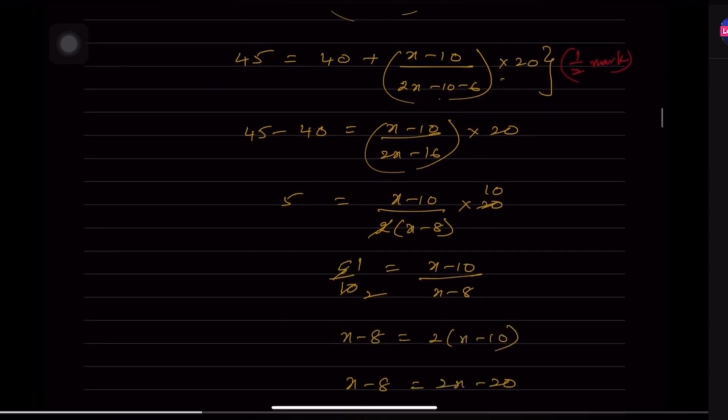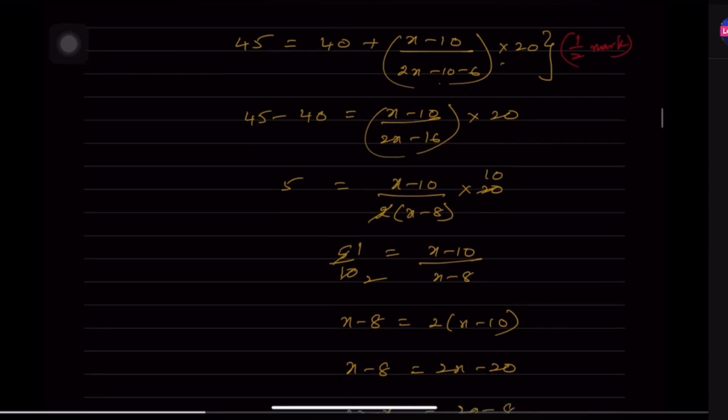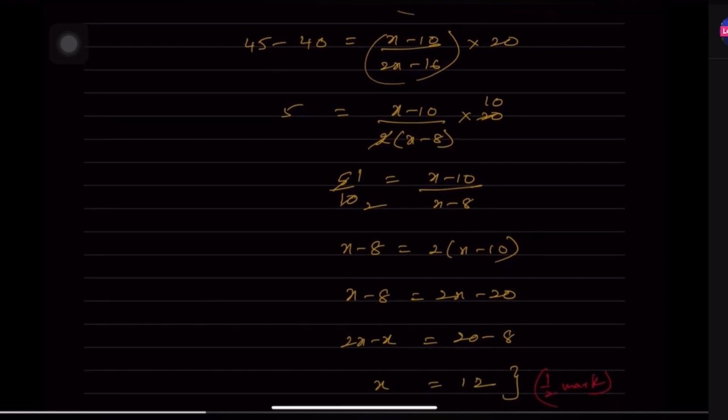You bring this 10 to the other side, dividing by 10 on both sides. So 5 by 10, and here if you divide by 10 it becomes 1. So 5 by 10 is equal to x minus 10 by x minus 8. Cross multiply: x minus 8 is equal to 2 into x minus 10, which implies that x minus 8 is equal to 2x minus 20.